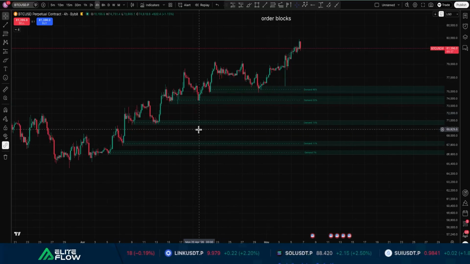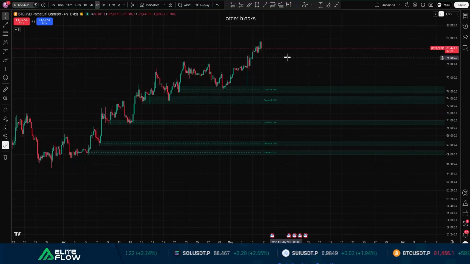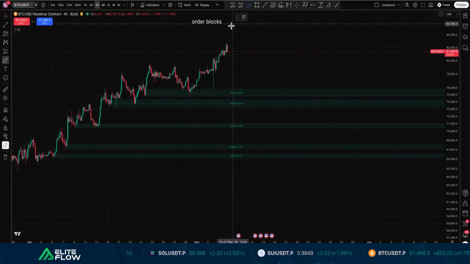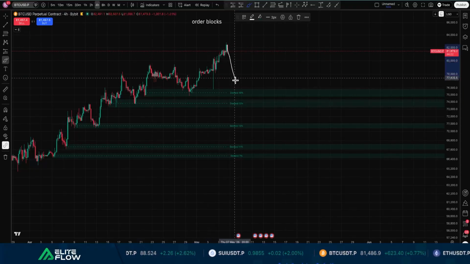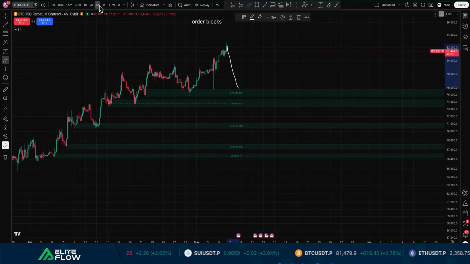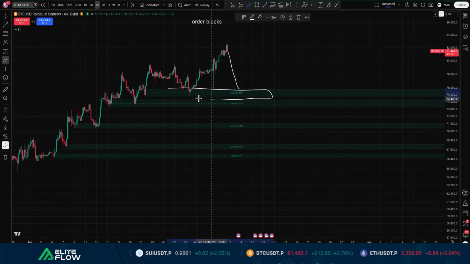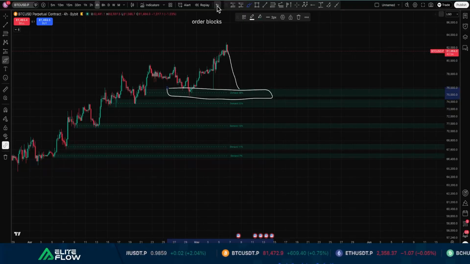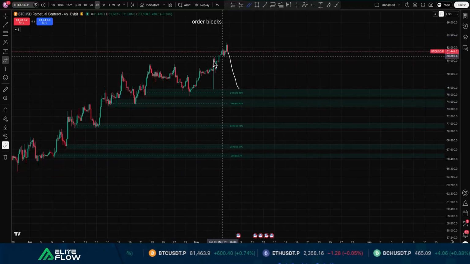Having said that, one thing that I recommend you to also keep an eye on is, for example, we can see here, let's say that Bitcoin now comes crashing down. I'm on the 4-hour time frame, so we've got an order block here. Great. What is going to happen? I'm expecting an order block should give you a big reaction.